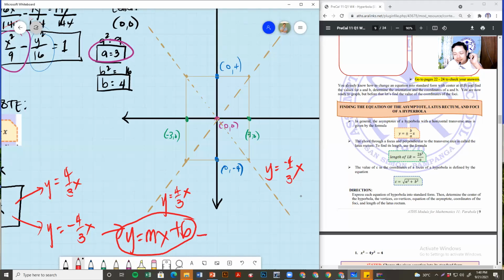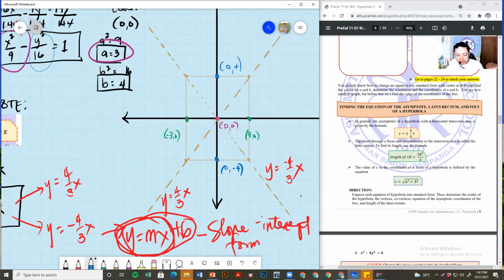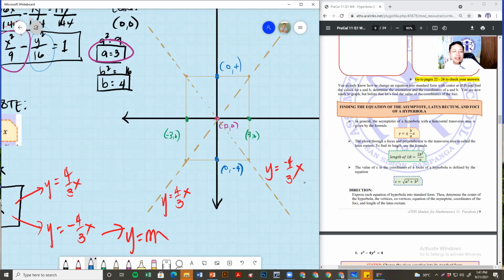This is the slope-intercept form. Try to look it up on the internet. Slope-intercept form. Here, the slope-intercept form y is equal to mx plus b. That's where it comes from. This is the only focus for us, y is equal to mx. Okay, let me remove this. These are not necessary anymore.